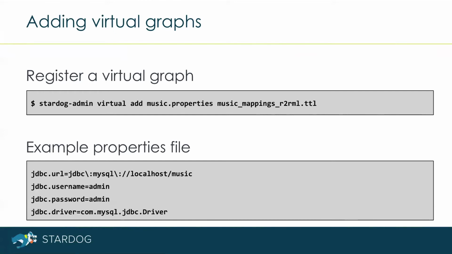You just need to make sure it is on your Stardog class path so that Stardog can find it, and it will take care of doing the JDBC connection behind the scenes when you query your virtual graph, which in this case will just be called music because your properties file is music.properties.